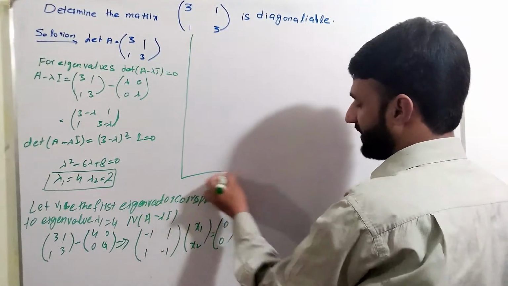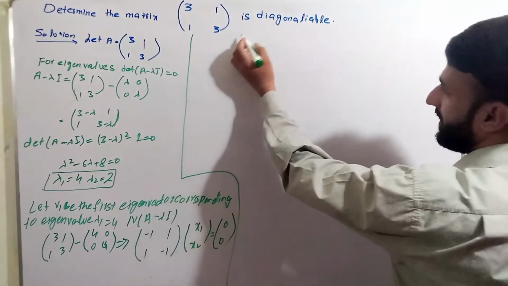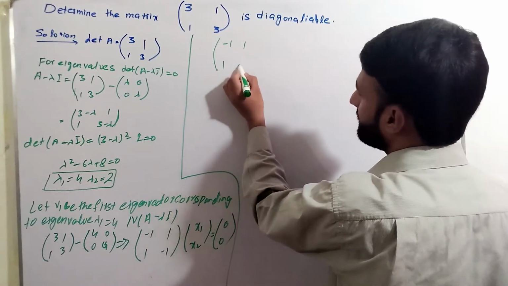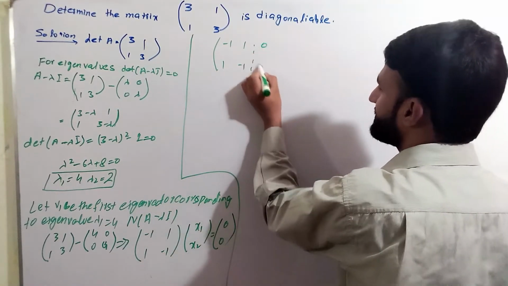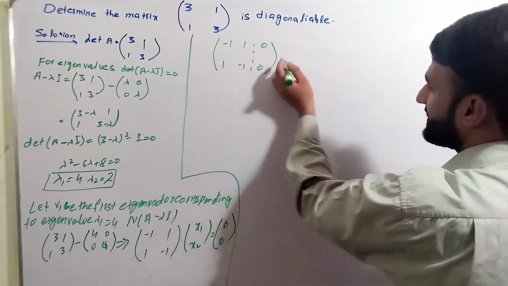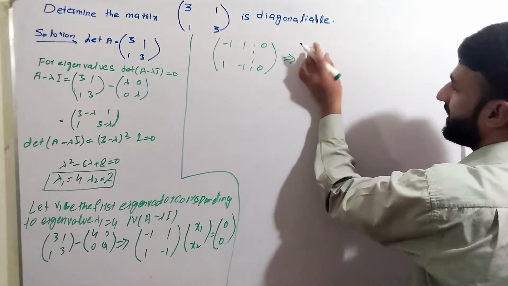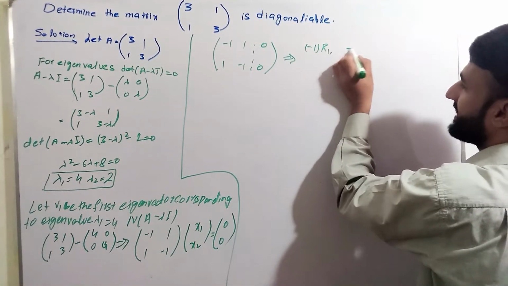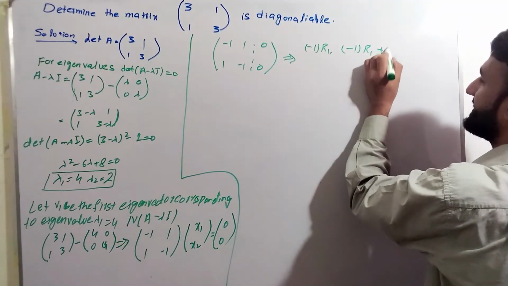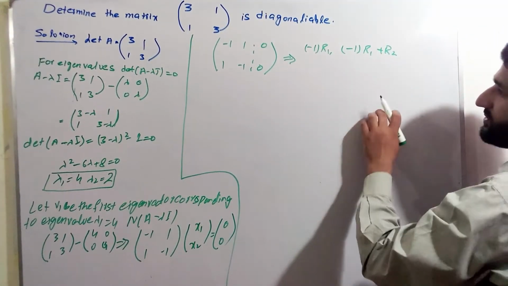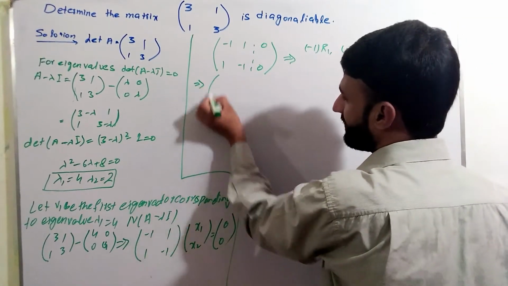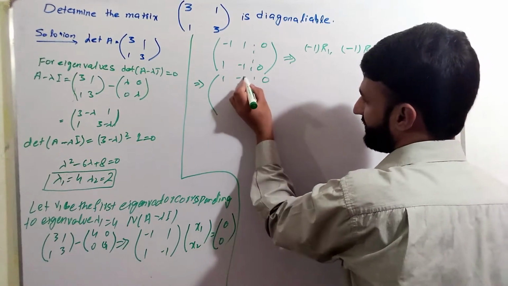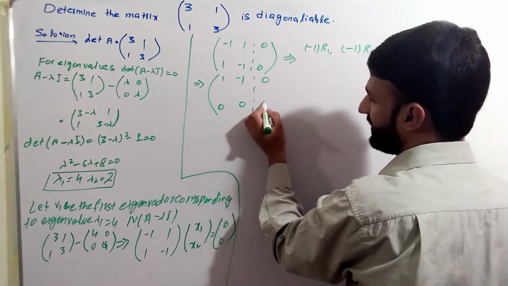Now we try to find the first eigenvector. In augmented form, we write the matrix [minus 1, 1; 1, minus 1] with the right side 0, 0. Apply row operations: multiply R1 and add it to R2. We obtain minus 1, 1, 0 in the first row and all zeros in the second row.